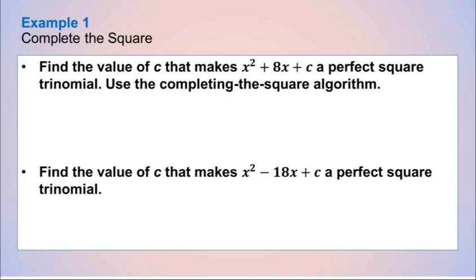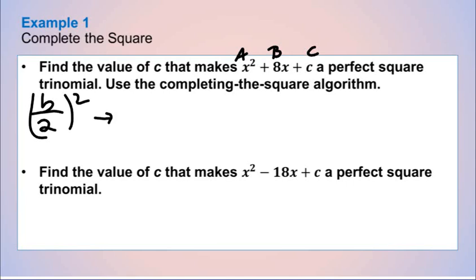Which you can now use to solve for the solution. For an example, it says find the value of c that makes x squared plus 8x plus c a perfect square trinomial, and then use the complete the square algorithm to solve. So I need to make that into a perfect square trinomial. So again, this is my a, this is my b, and this is my c. So I use the formula b divided by 2, and then I square it.